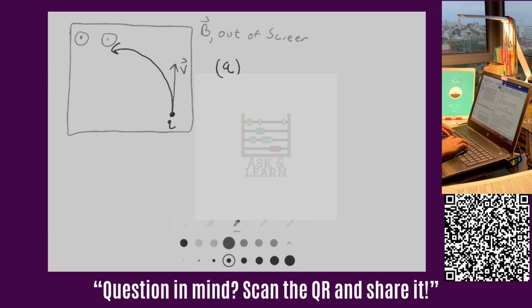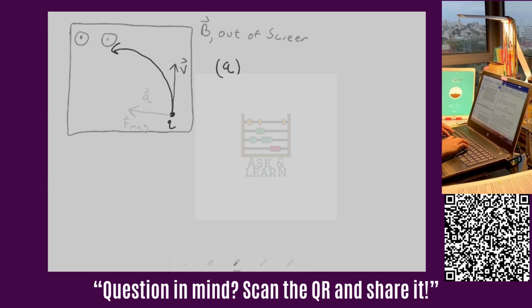And because its circular motion is heading like this, we know that the acceleration, because of uniform circular motion, is always heading into the circle. So it's going to be heading directly to the left. Now, because it's accelerating to the left, that means the net force is also to the left, but the only source of any force is the magnetic field. So the total force is headed to the left, and therefore the magnetic force is headed to the left.